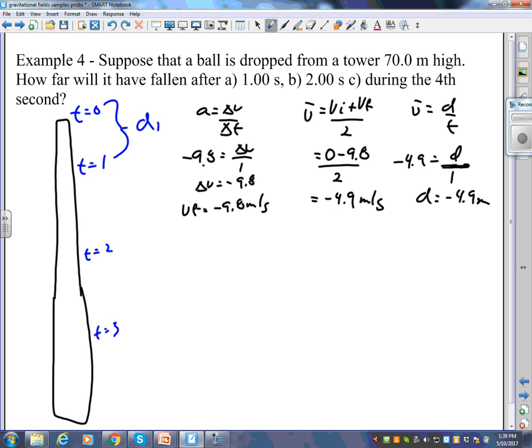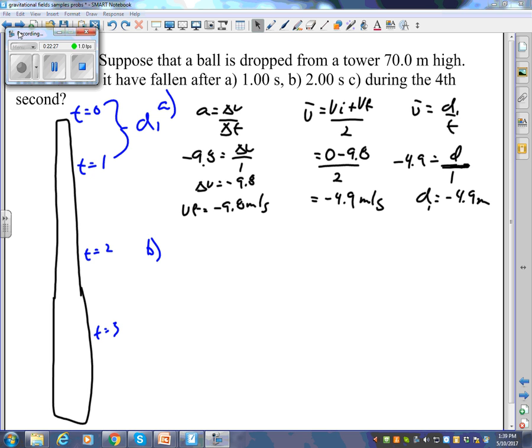How far will it have fallen after... Yeah, that's D1. Right. Why 9.8? So this is all part A, right? So how are we going to do part B? Just multiply everything by 2?